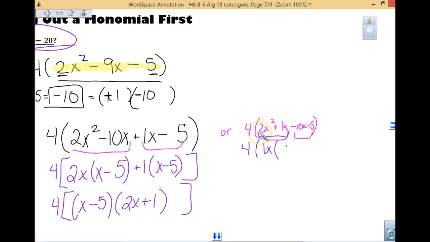If I factor out just an x, what am I left with? 2x plus 1. Plus 1. Okay, I'm factoring that last part, the negative 10x minus 5. Negative 5. The reason I want negative 5 is I want it to be 2x plus 1, right?